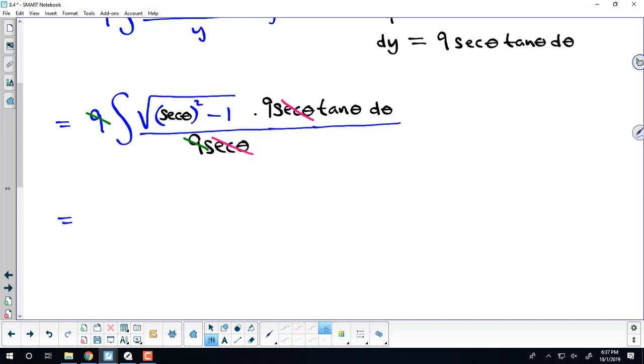And then, so what are we left with? d theta, are we missing anything? 9. We're missing the other 9 up here. We could have canceled the other 9s, whatever. So 9 tangent squared theta d theta is what we get.